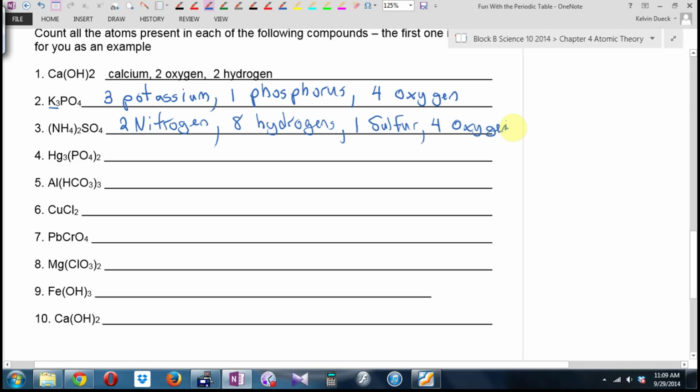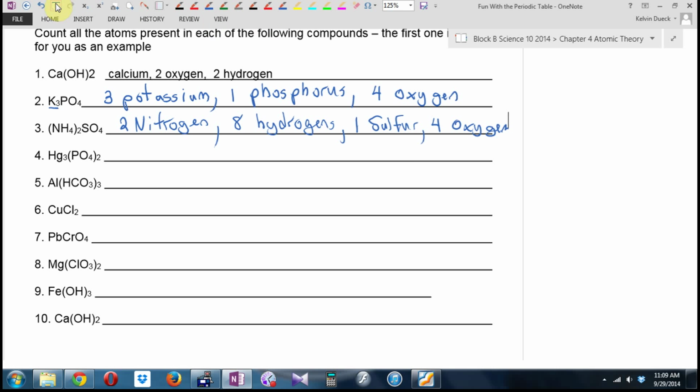Especially because it's been a while since you've done the chemistry, you're going to struggle with this a bit. I'm okay with that because it'll help us identify for next class what I need to brush up and go over. And I'm going to be doing bonding and chemical formulas next class. So for next class, try this. Definitely do next class.